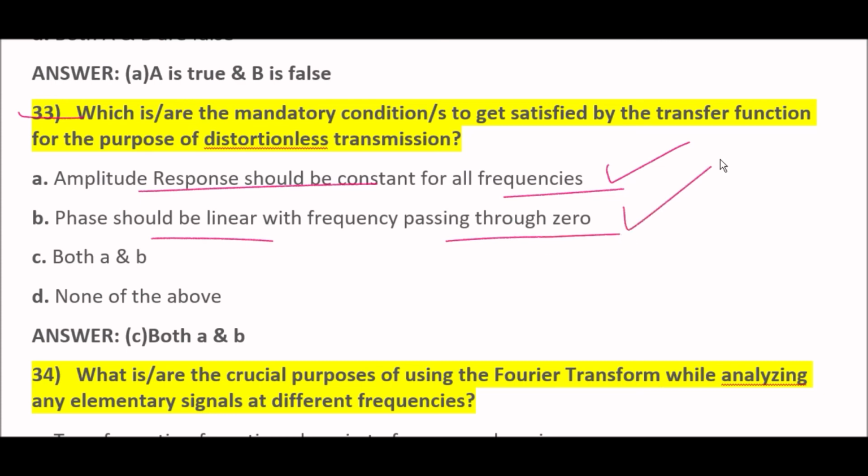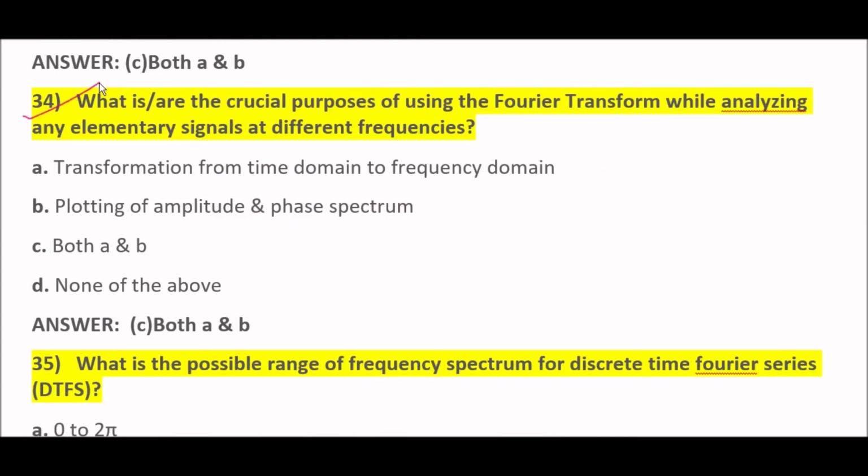This is also correct. The correct answer here is option C, both A and B. So option A and option B are both correct conditions to be satisfied by the transfer function for the purpose of distortion-less transmission.